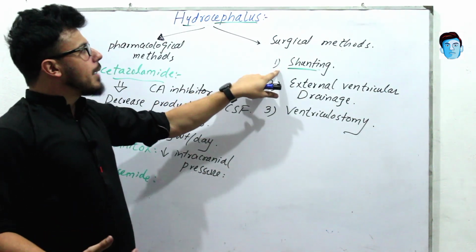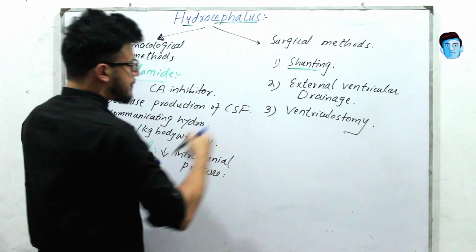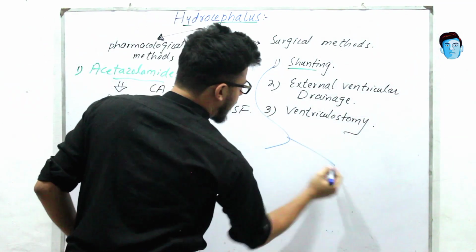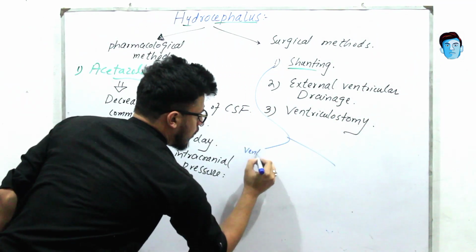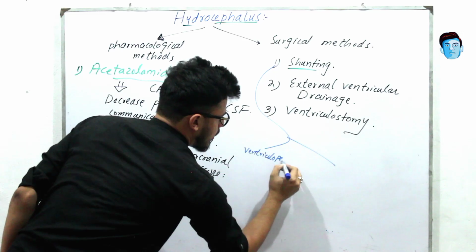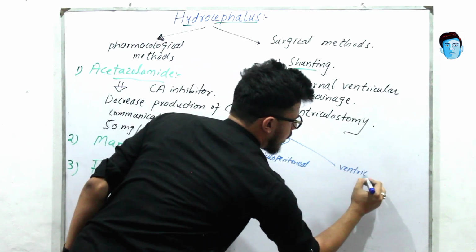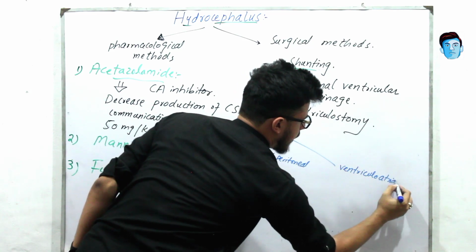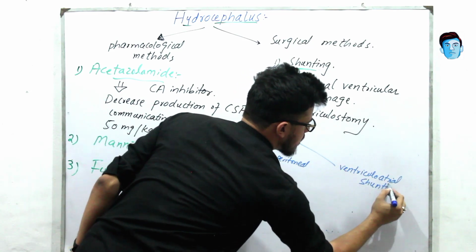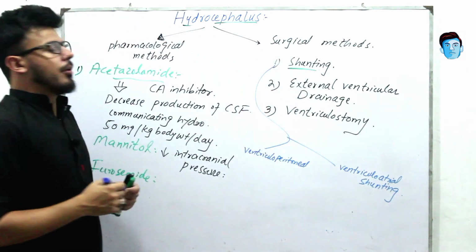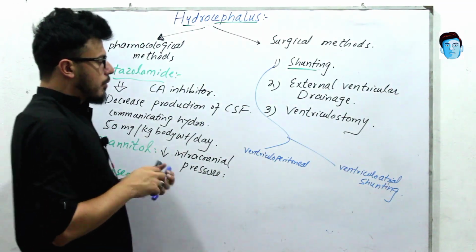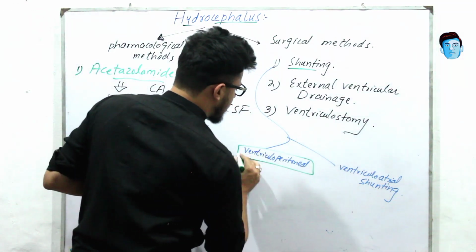Now there are two types of shunting. One is called ventriculoperitoneal shunting and the other is ventriculoatrial shunting. Which is the most common method of shunting? Ventriculoperitoneal shunting is the most common type.